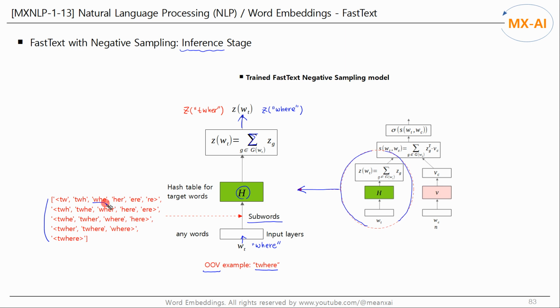Since many of the subwords of twere overlap with those of where, the two vectors will likely be very similar in the embedding space. This is how FastText can generate embeddings for out-of-vocabulary words by leveraging morphologically similar words.